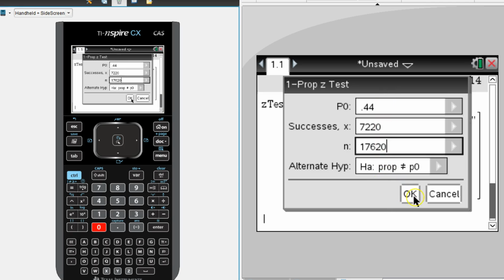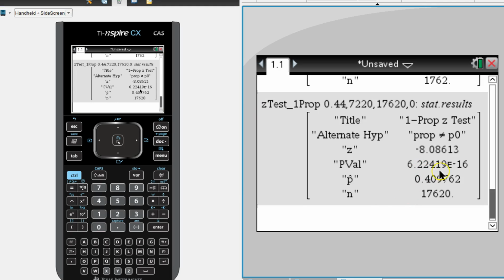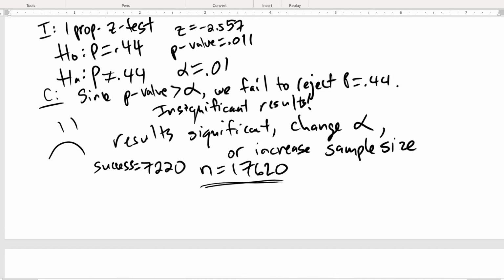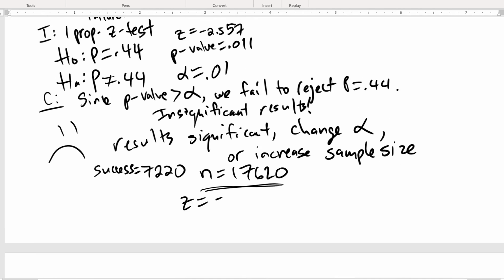Same proportion, but look at our p-value. Look at our z-score, negative 8.08. That's crazy. We're like 8 deviations away, right?